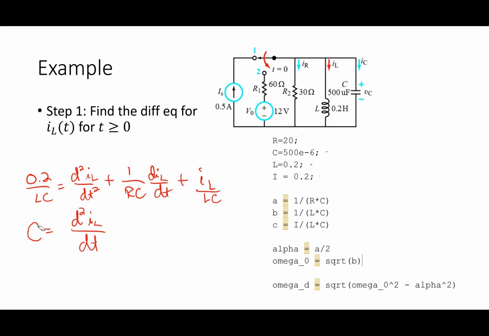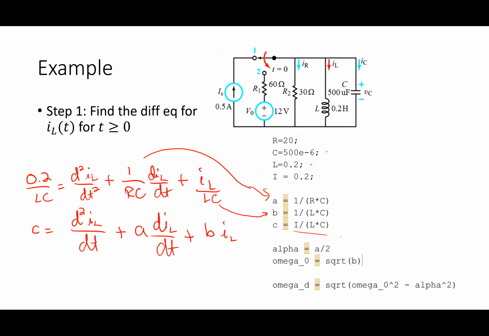Okay. And then what I did was I said, okay, well, my standard form of the equation was little c equals d squared IL by dt squared plus a dIL by dt plus b times IL, like that. I don't like using c, so little c. Okay. So what I did was, you could see I made the linkage. Here is a. Here is b. And then here is c.